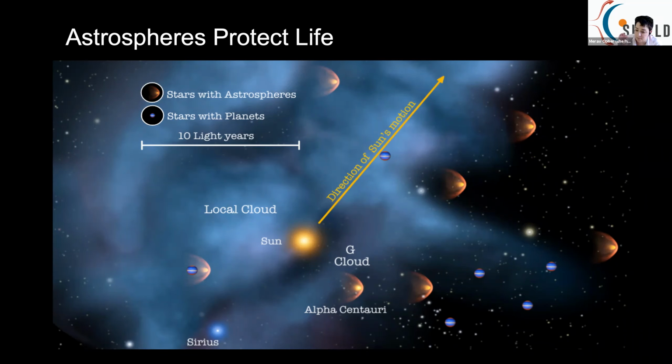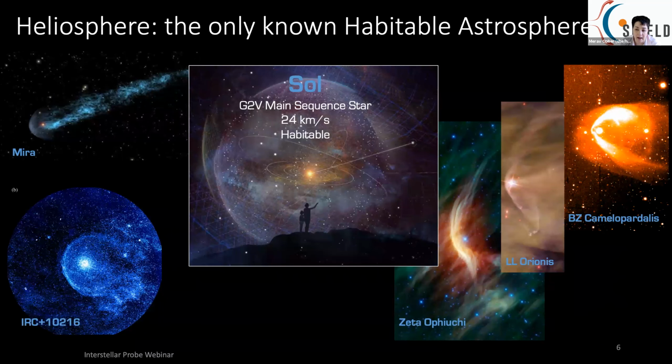So whatever impinges on those planets is already filtered by those astrospheres. And one of the questions we are interested in, an open question that we don't have the answer to yet, is why our heliosphere, or why our astrosphere, is habitable.